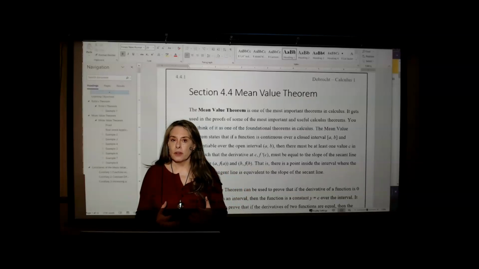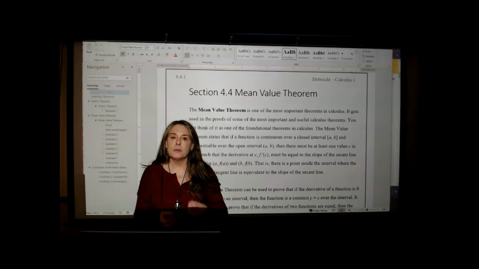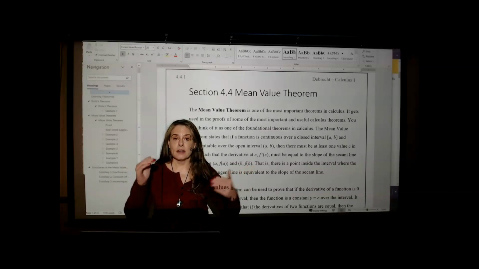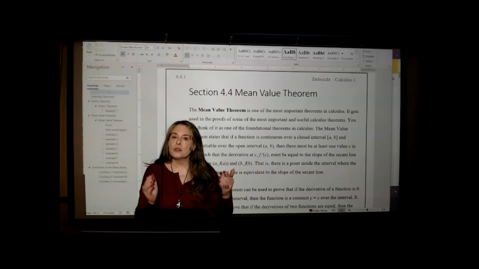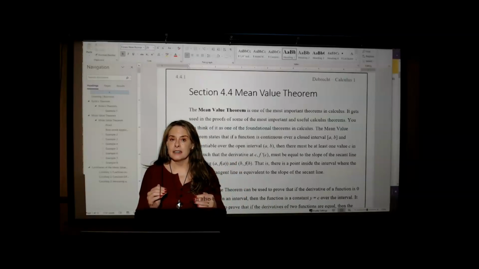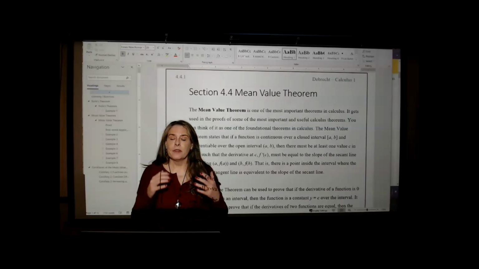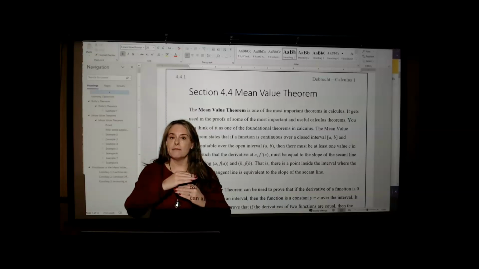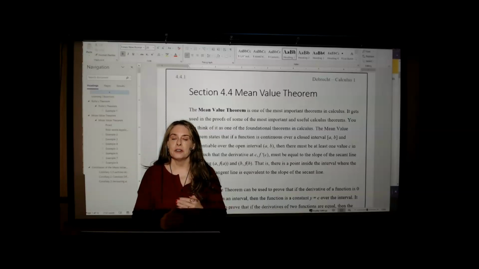We have another corollary, a mini theorem based on a major theorem, which states that if I have two functions, f and g, and their derivatives are equal, then the only difference between the functions is a constant, like +5 or -3. If their derivatives are equal, then they have to be a vertical shift or translation of one another.